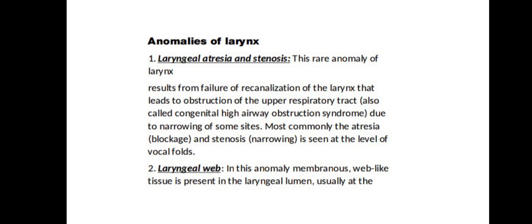Laryngeal atresia is just the complete blockage of the larynx. What causes this? This is caused by failure of recanalization of the larynx at the 10th week, therefore leading to this solid stage to remain, or the obstruction of the upper part of the respiratory tract. While stenosis may be caused by the compression of the lumen by the aortic arch.